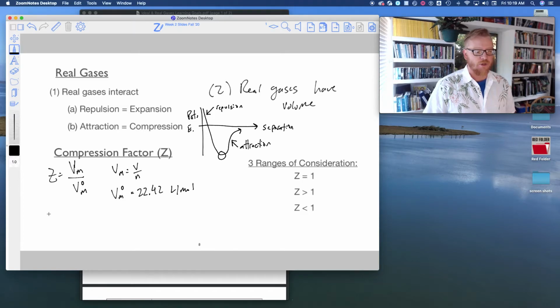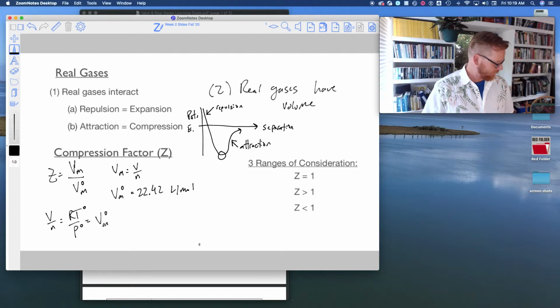We could say, well, if we know that V over n equals RT over P, this is just doing some algebra with the ideal gas law, okay? If I plug in STP conditions, so I'll put a standard and a standard, then I get this Vm standard, okay? So that's right, 273 K and 1 atm, that I would get that 22.42 liters per mole.